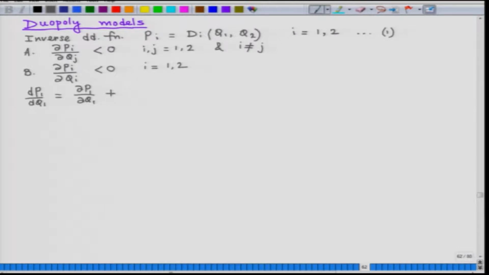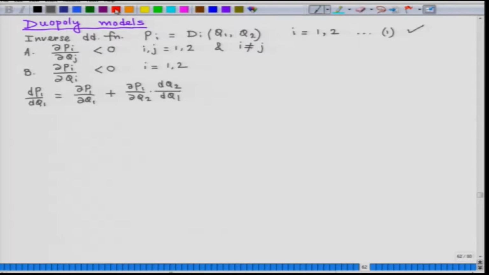right. Basically we are working with this inverse demand function given by expression 1 for firm 1, and we are taking differentiation of that function as if the firm 1 has changed its output level. So, we are going to study what will happen if the firm decides to change its output level.